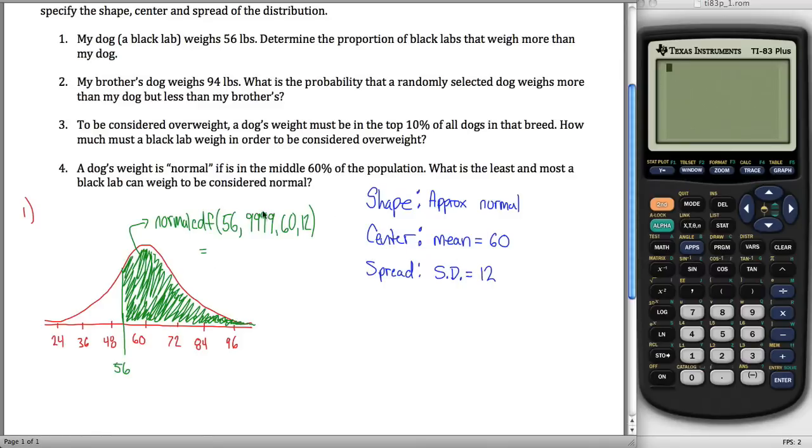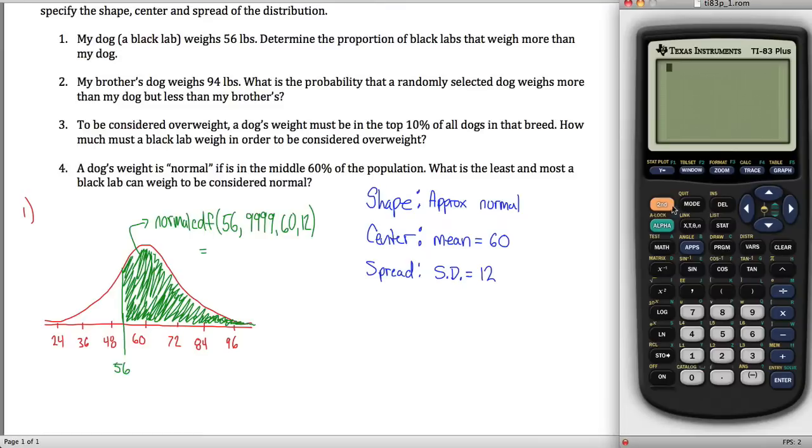The way I type it into my calculator to find this normal CDF function is under distributions here, which is above the variables key. So if I hit second and then variables, it gets me into distribution. And if I go down to normal CDF, I can just copy these inputs: 56, some large number, the center, and the spread, the mean and the standard deviation.